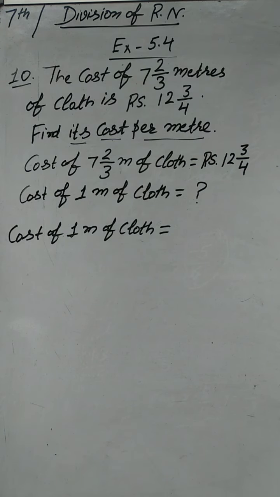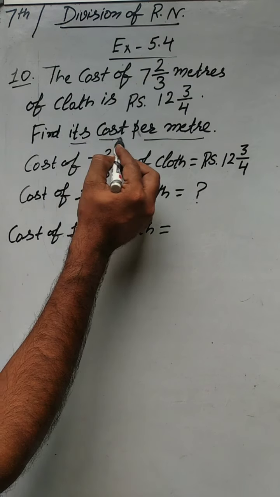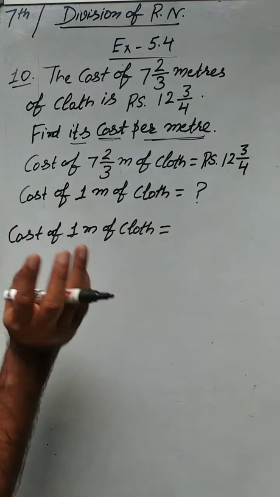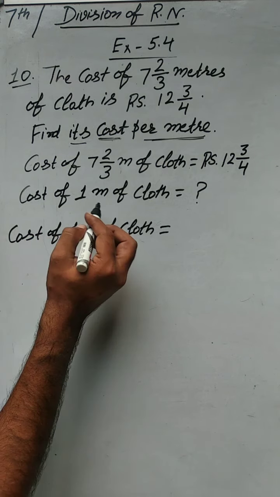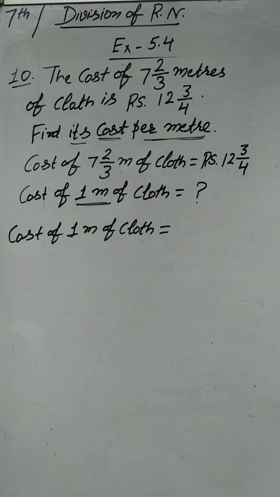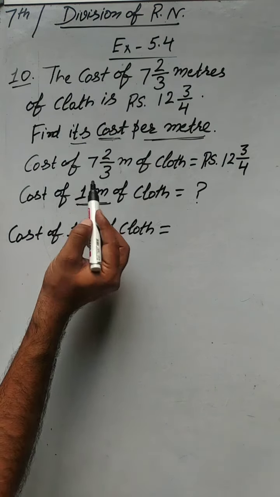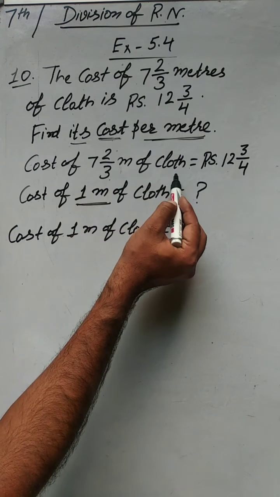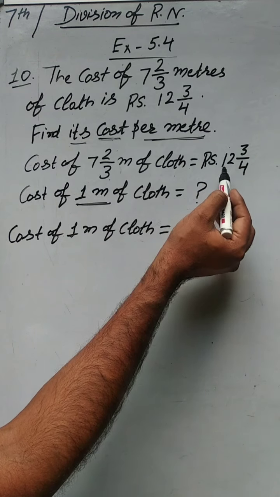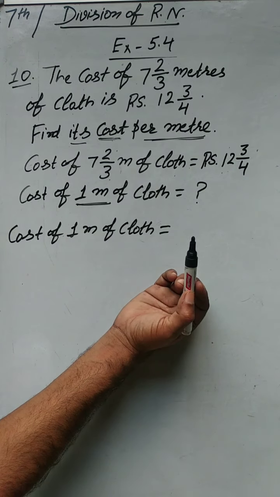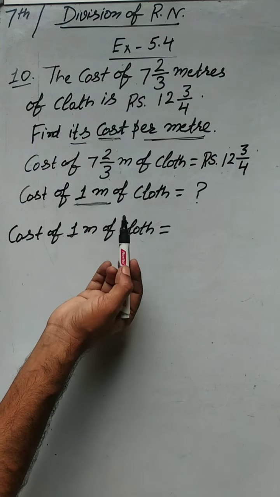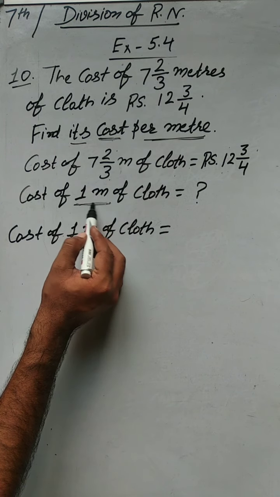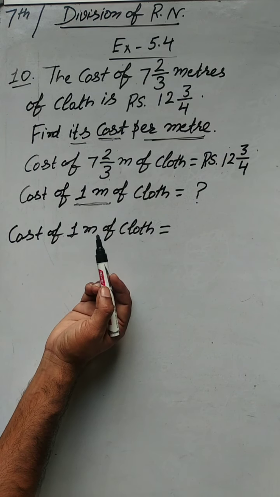Means you have to find the cost of cloth per meter. Means we will find the cost of 1 meter of cloth. You are given the cost of 7 and 2/3 meters of cloth is 12 and 3/4 rupees. You have to find the cost of 1 meter of cloth.